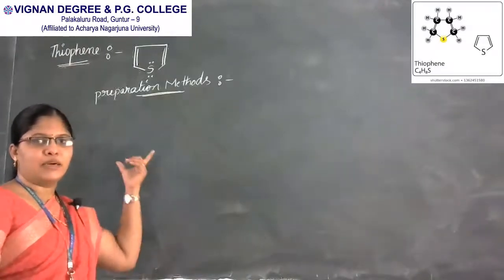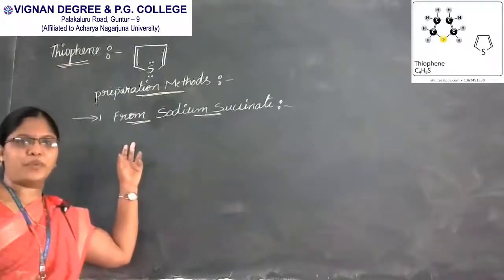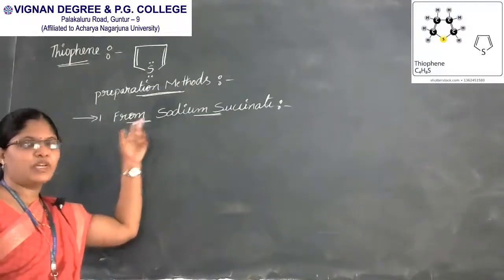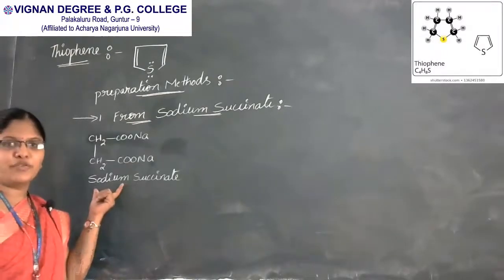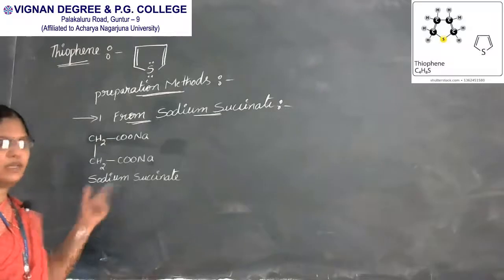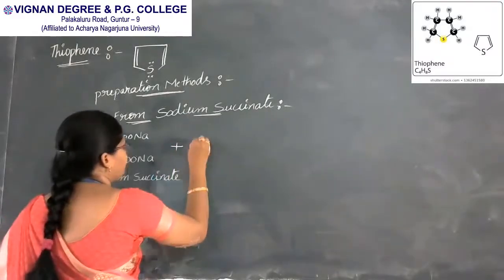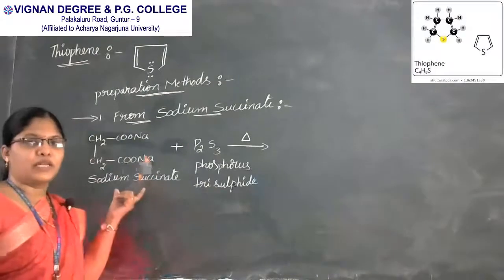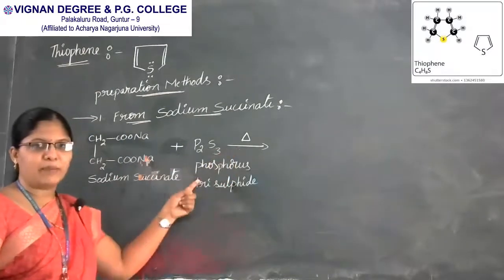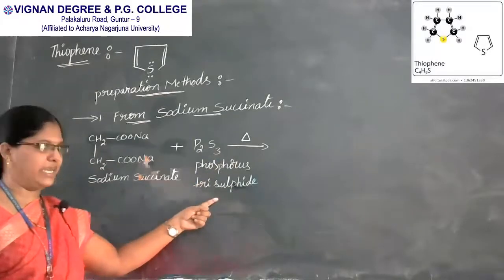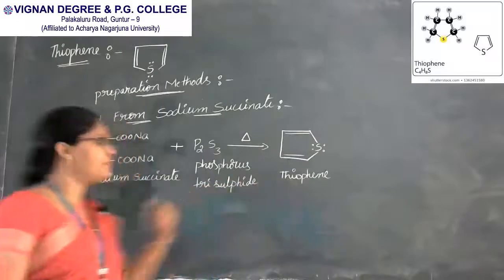Next, preparation methods of thiophene. The first preparation method is from sodium succinate. This is the structure of sodium succinate. On heating with phosphorus trisulfide, thiophene is formed.